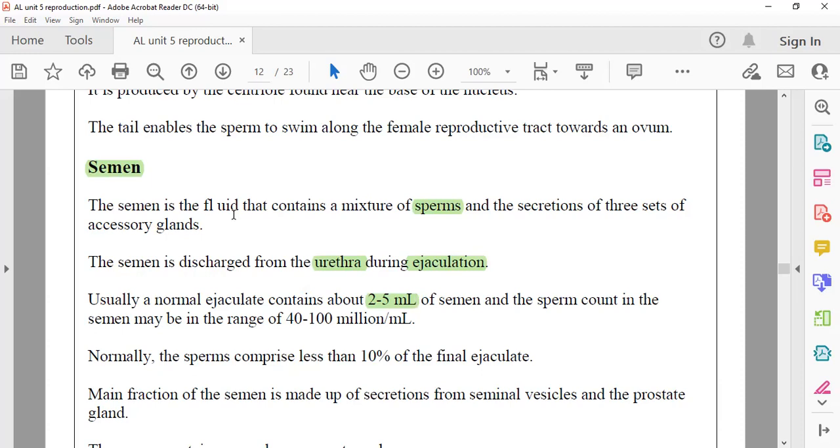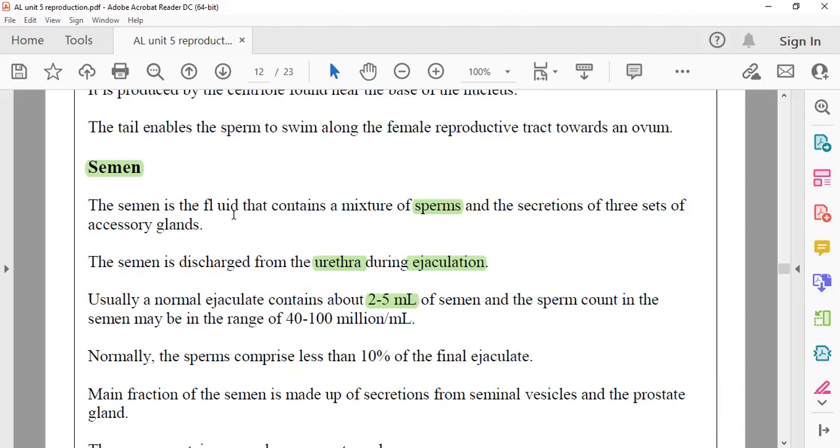In that case, we will be checking the semen of the man. If the semen doesn't have sperms or has fewer than 40 million sperms per milliliter, what is the meaning?